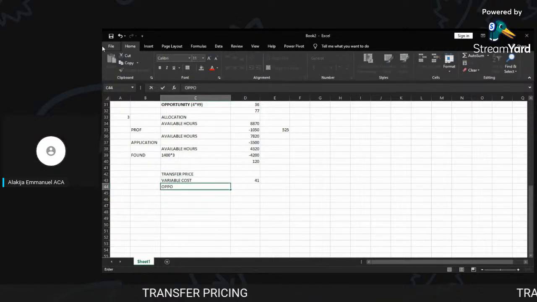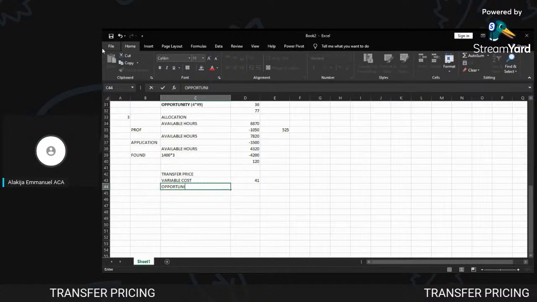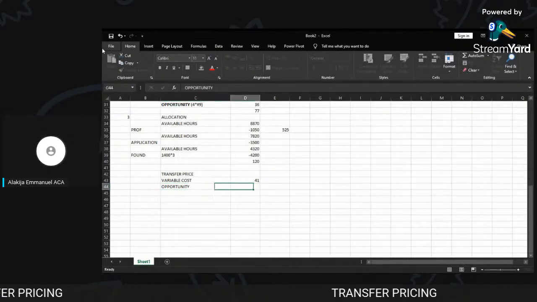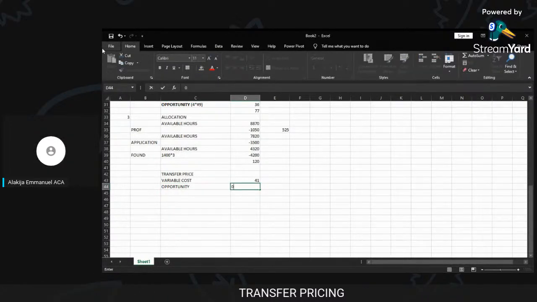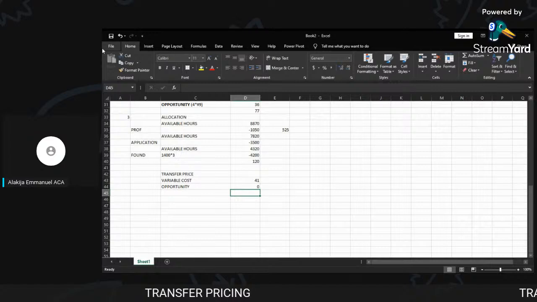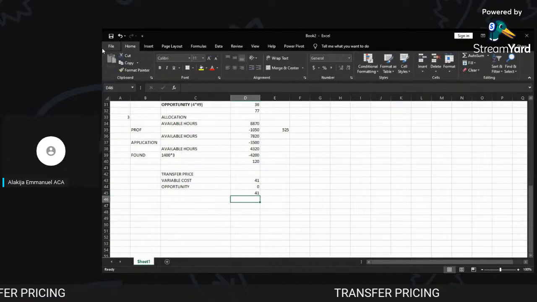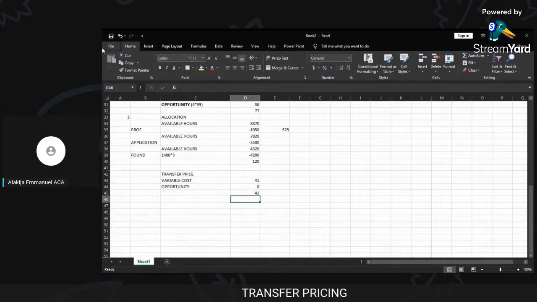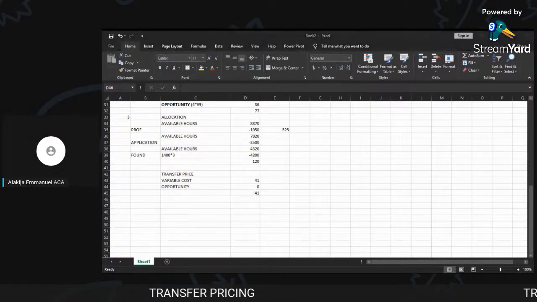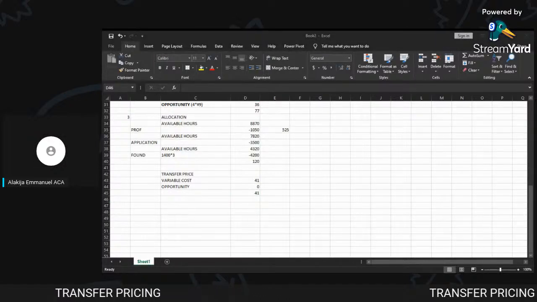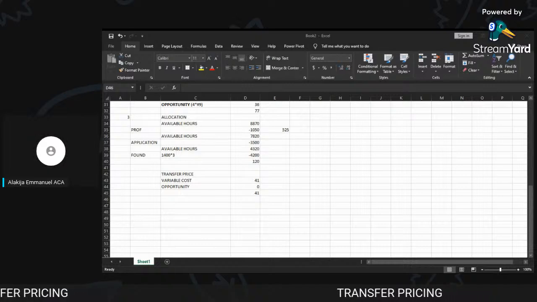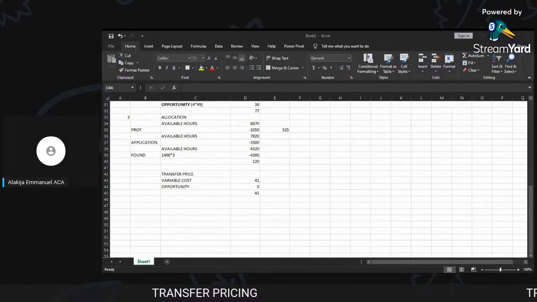Then opportunity cost. In this case, there is nothing like opportunity cost because there is spare capacity. Opportunity cost is 0. So it is 41. This is the transfer price. So that is all of that question.